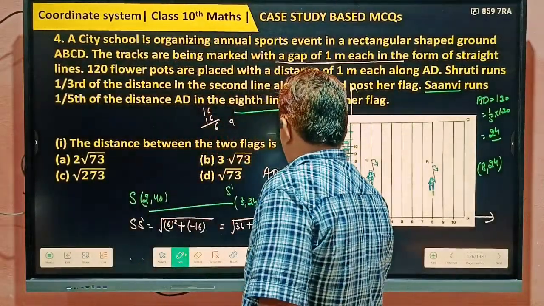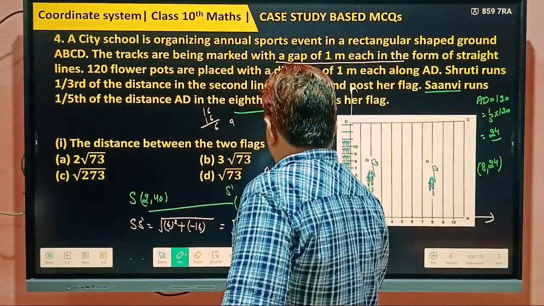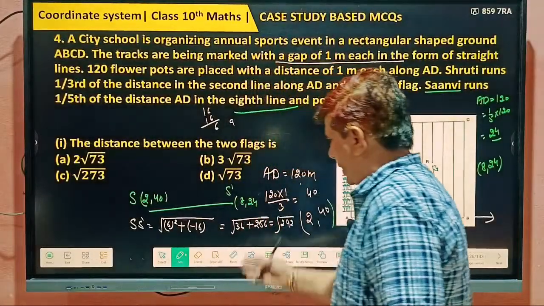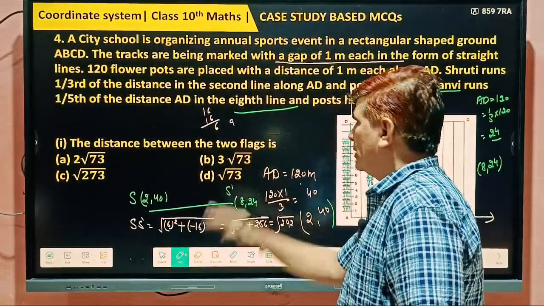How much total? Add these. 292. Right or wrong? 6 plus 6, 12. 5 plus 3, 8, 9. 2 as it is.